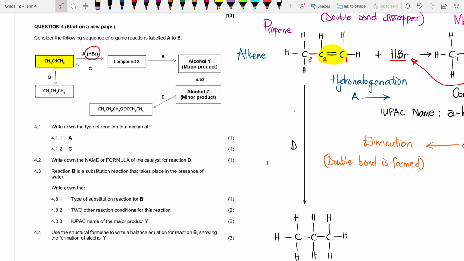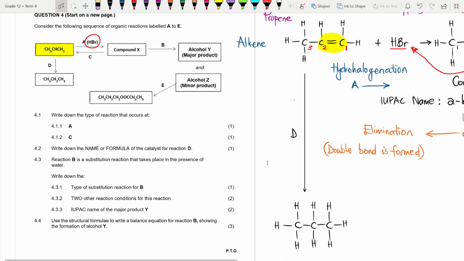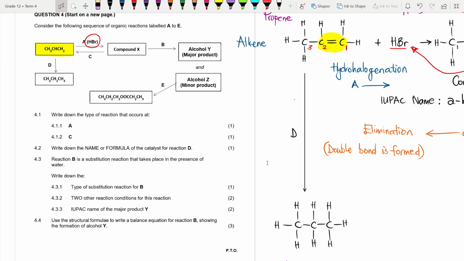So what kind of reaction happened there? We start with a double bond and the double bond disappears. Addition. Addition, there we go. It's also addition. And then we can specify what kind of addition. What do you think?